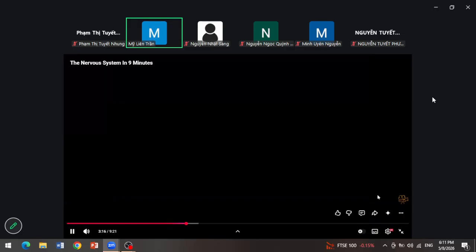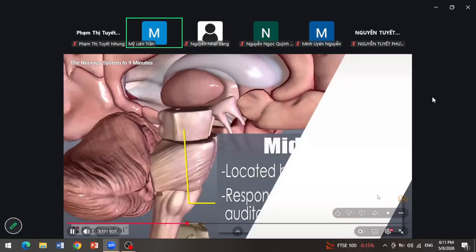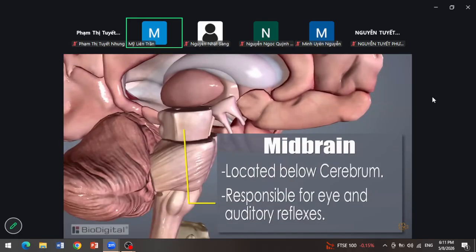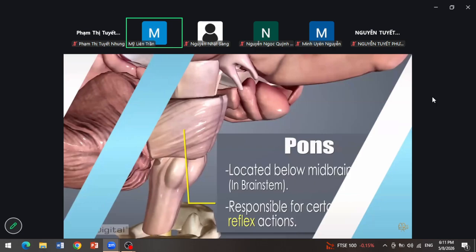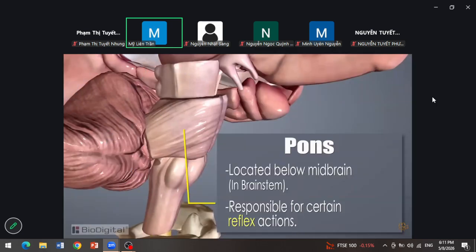Ui dồi ôi anh. The midbrain section is located below the cerebrum at the top of the brainstem. It is responsible for certain eye and auditory reflexes. The pons is located below the midbrain and in the brainstem. It is responsible for certain reflex actions such as chewing, tasting, and saliva production.